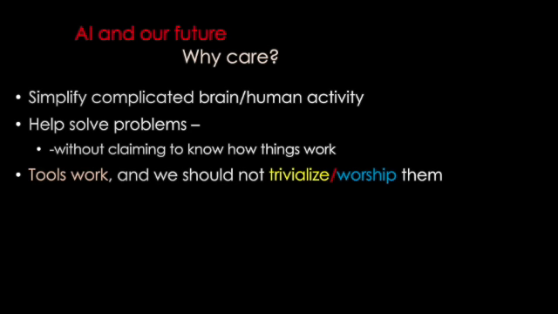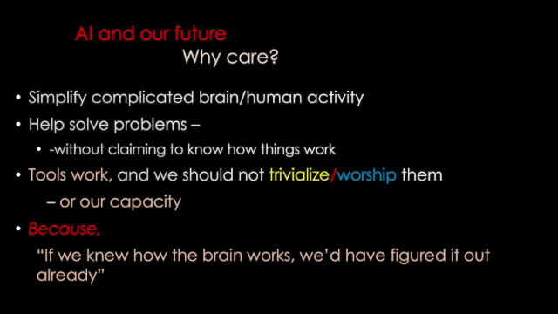That's really a bad goal to have. The tools work. As I said, we should not trivialize things or our capacity. And who said this? I was in a meeting once. I was a reporter, and there was a bunch of neuroscientists asking this question.